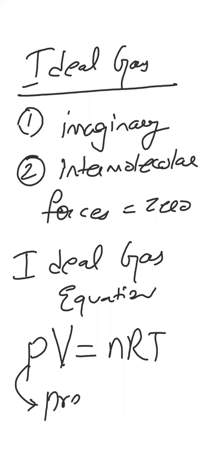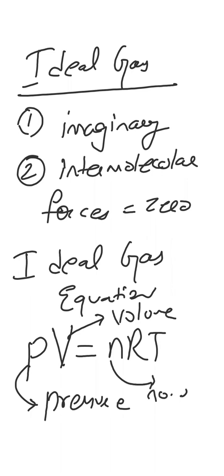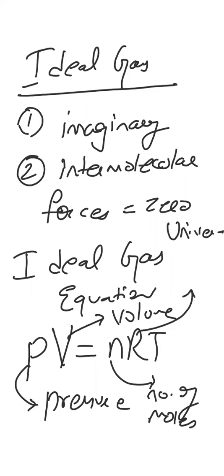P is the pressure, V is the volume, n is the number of moles, R is the universal gas constant, and T is the temperature in Kelvin. PV equals nRT is the ideal gas equation. Can you note it down, and raise your hand after completing?